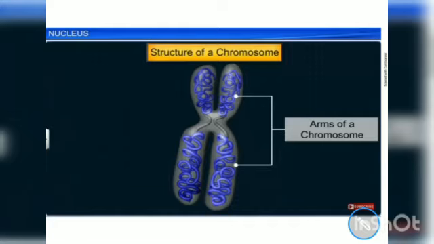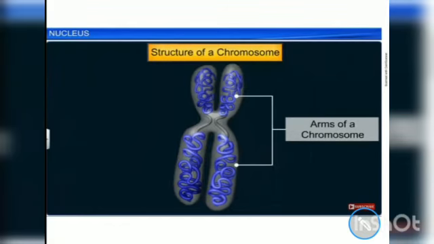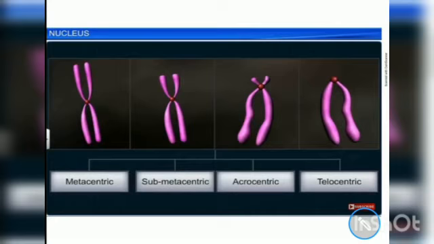Now we have to learn about the various types of chromosome found in the nucleoplasm of the nucleus. On the basis of the position of the centromere, we are going to classify the chromosomes into four main types: metacentric, submetacentric, acrocentric, and telocentric.